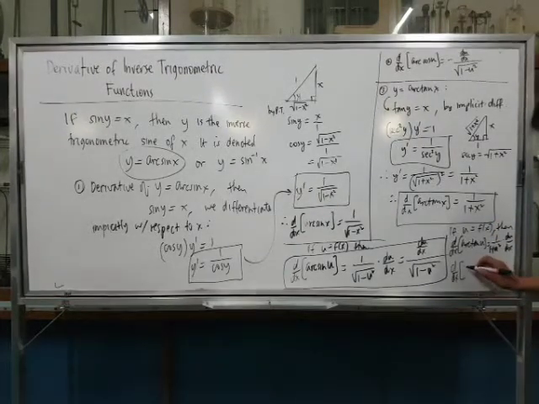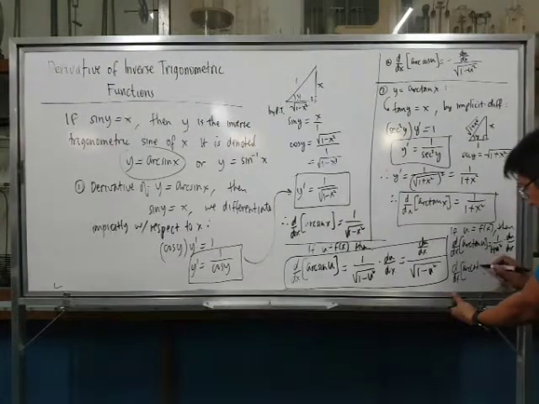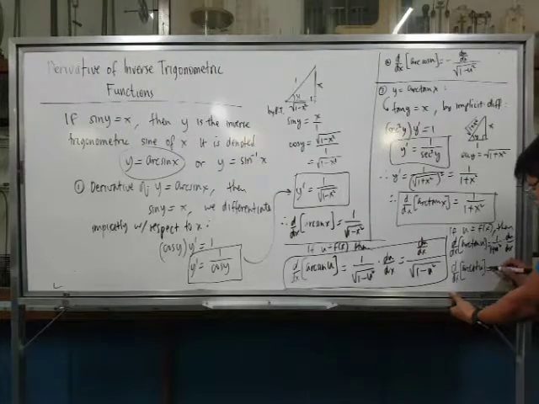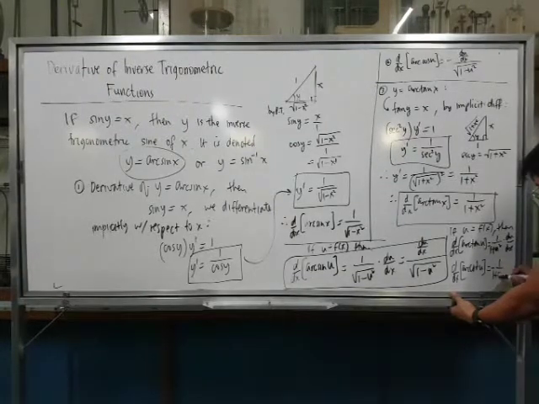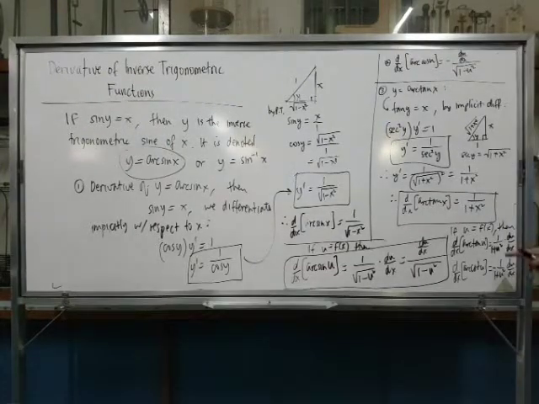So this is very easy to recognize or derive. So arc cotangent u is negative 1 over 1 plus u squared du. So we will summarize this afterwards.